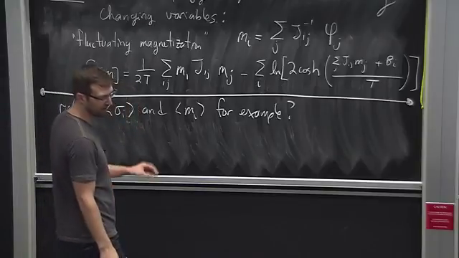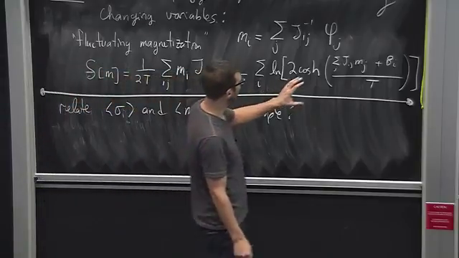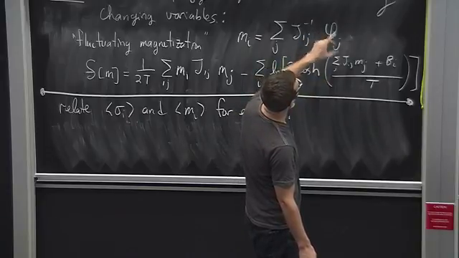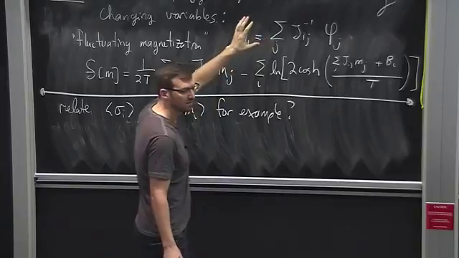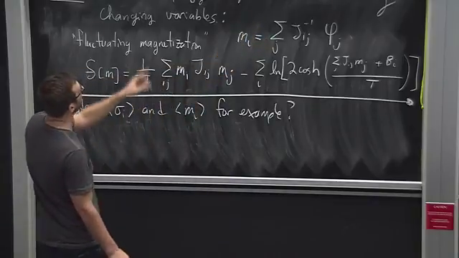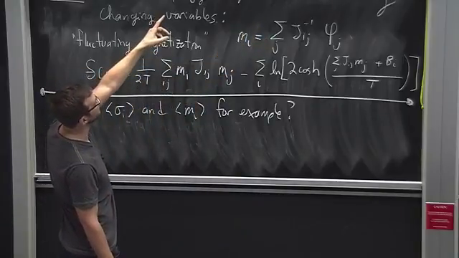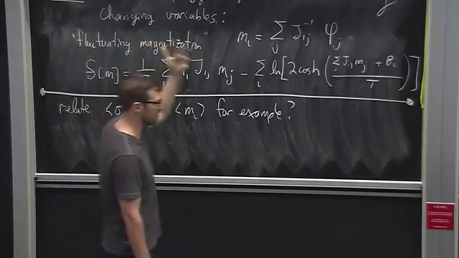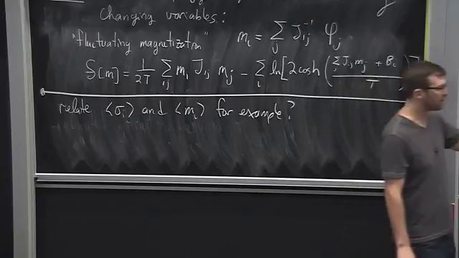But I can imagine also redefining the fields so that my phi i plus bi, say, is just some single field. And I've moved that magnetic field into the interaction term. That changes the way the generator interacts, or the derivatives of the generator behave, say.